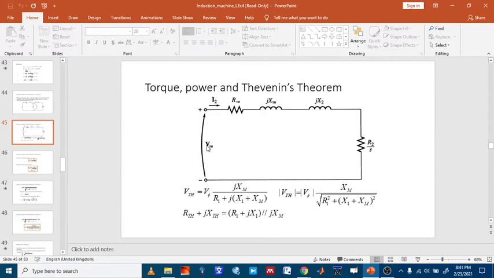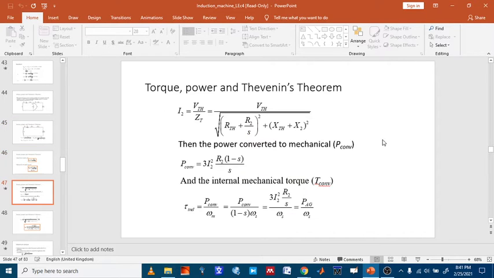I2 will be equal to what? VTH, because VTH should be equal to I2 RTH plus I2 jXTH plus the rotor terms. They're all in series. You get it? So I2 is equal to VTH over ZT.